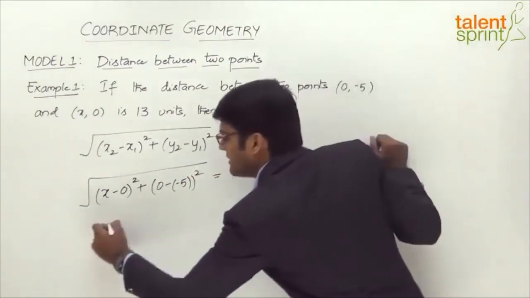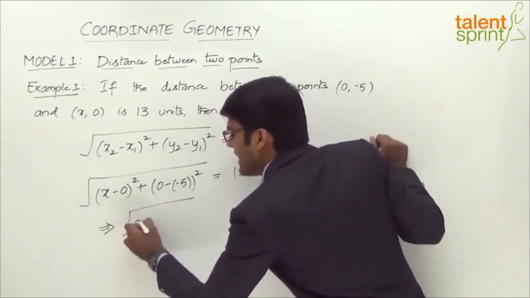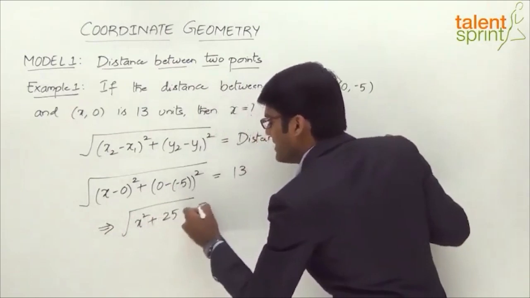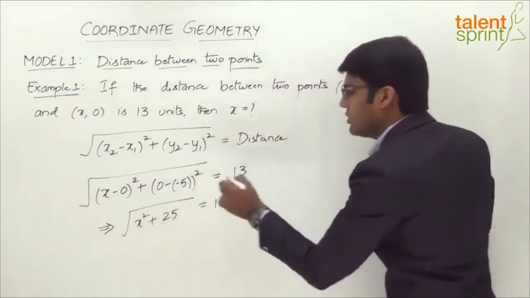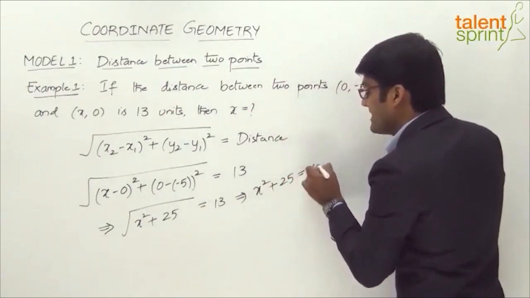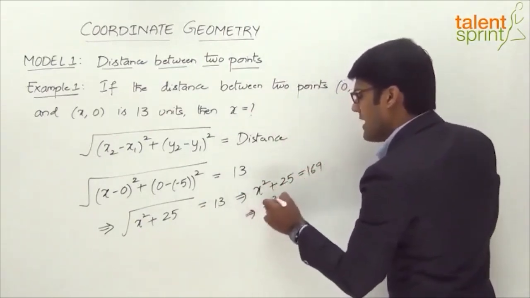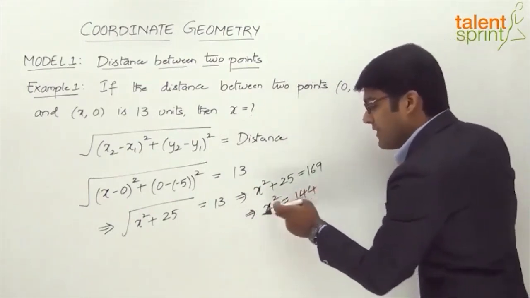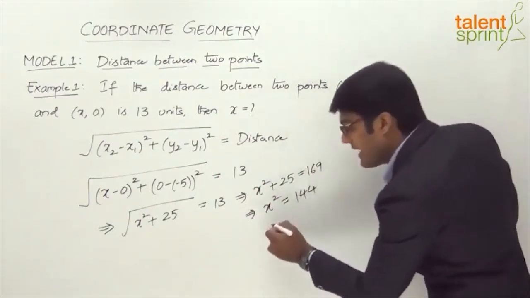So what do we get? This implies root over x squared plus 5 squared, 25, equals 13. Now by squaring on both the sides, we get x squared plus 25 equals 169, which implies x squared will be 169 minus 25, that is 144. Now if x squared is 144, what will be the value of x?